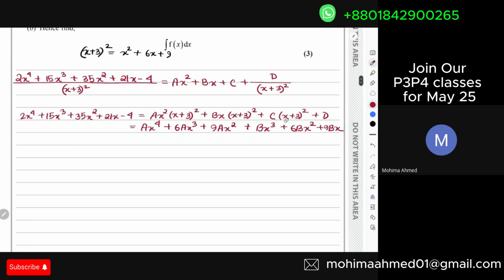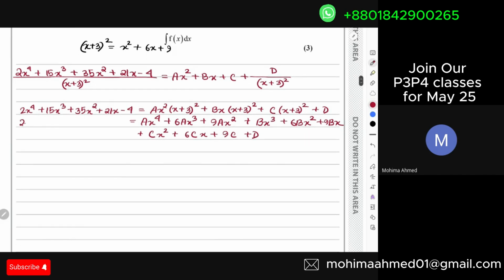Similarly, break down this x plus 3 whole square with c. So you get cx square plus 6cx plus 9c plus d, and all of this is equivalent to your 2x power 4, 15x power 3, 35x power 2, and 21x minus 4.